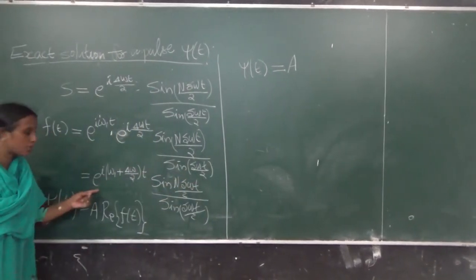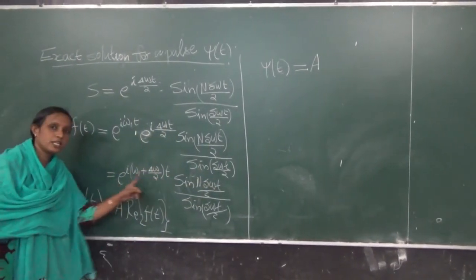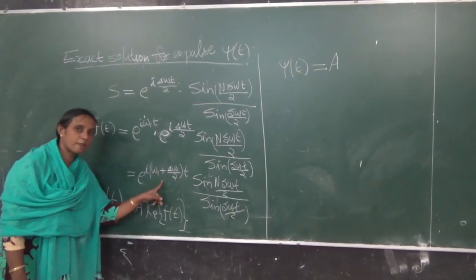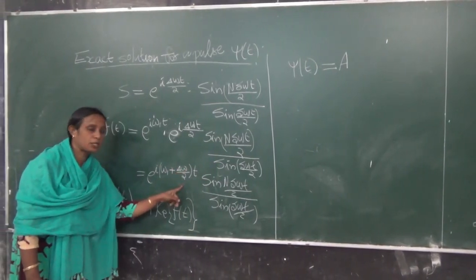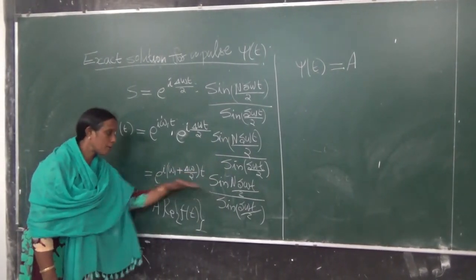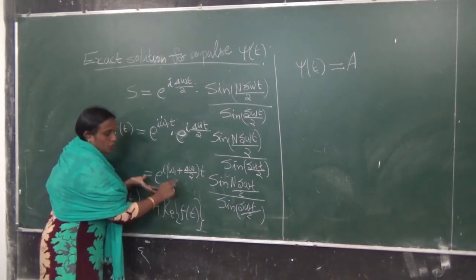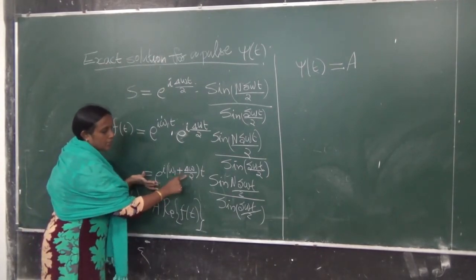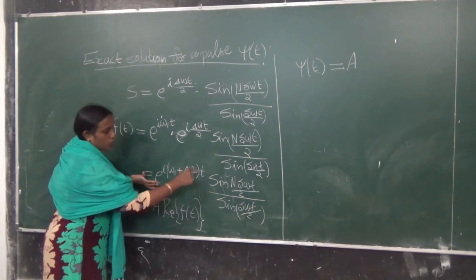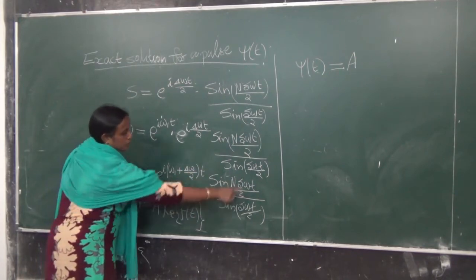Here you can see that the complex term is this one, e raised to i omega 1 plus delta omega by 2 into t. So real part means cos omega 1 plus delta omega by 2 into t into this term.